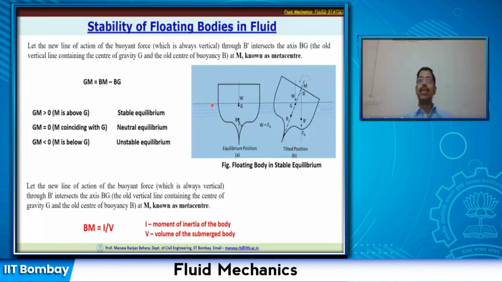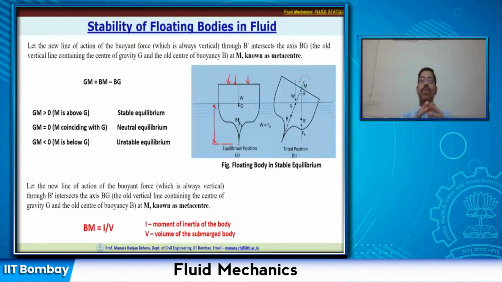So basically you have a draft, the section which is submerged, from this point to this point, we call it draft. Depending on the weight or the load on the vessel, the draft can change, and this draft will be maintained to a certain extent so that the vessel is stable at all conditions.